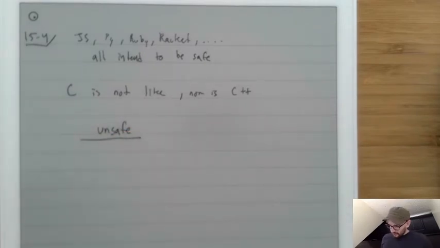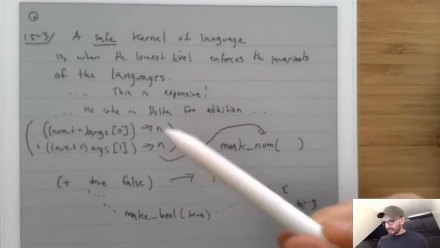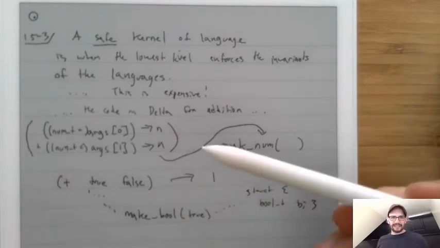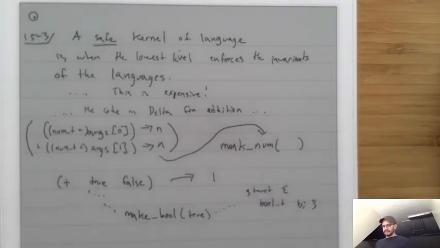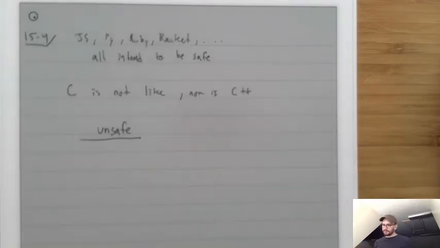And what we could do is we could change it so that our CEK machine did this. And if we did that, now our kernel would be unsafe. But although our kernel would be unsafe, that would then mean that our language was unsafe unless we had some barrier between the end user programs and the kernel.